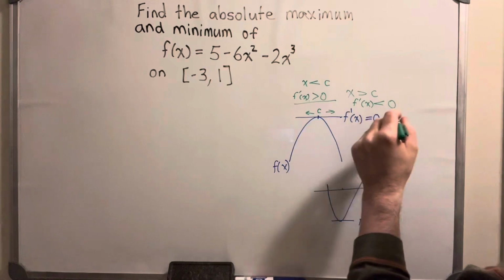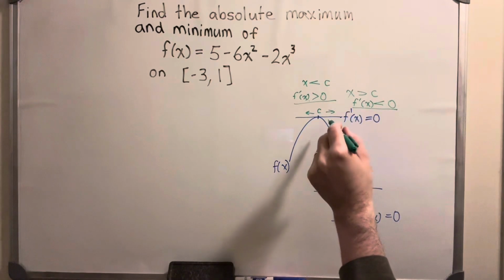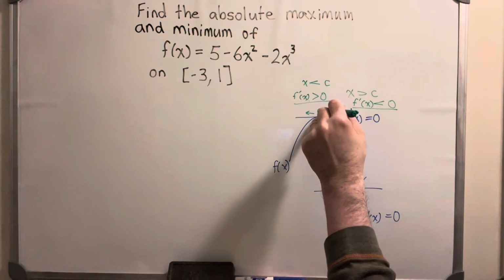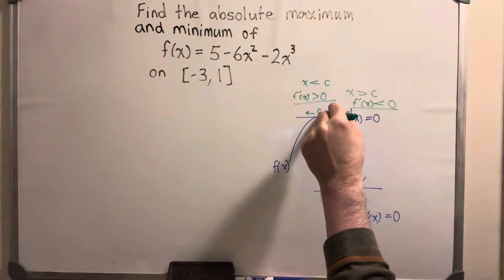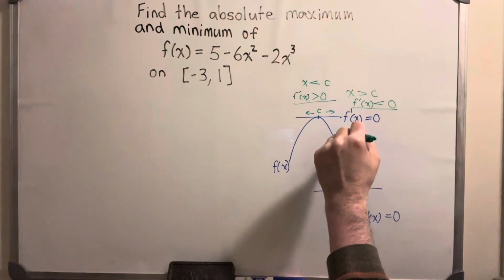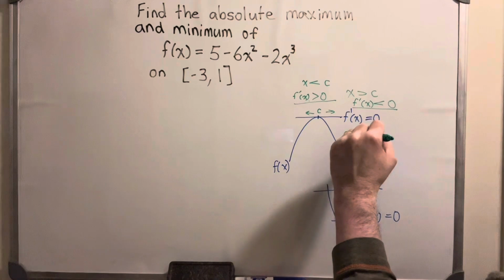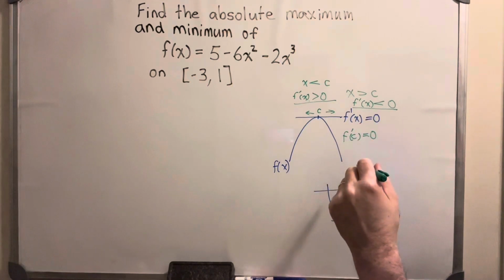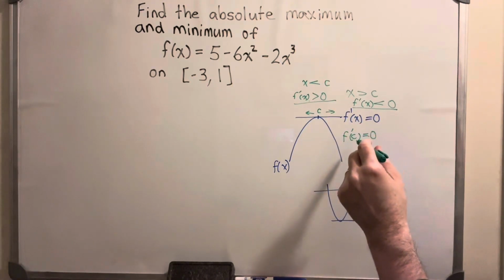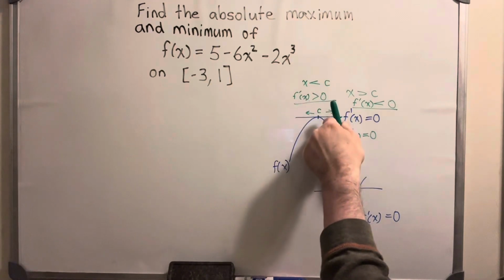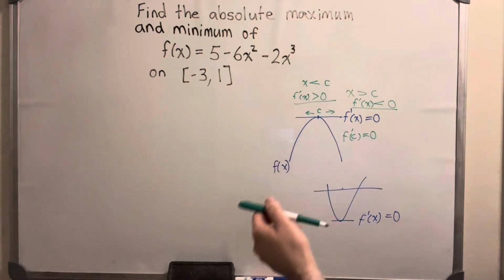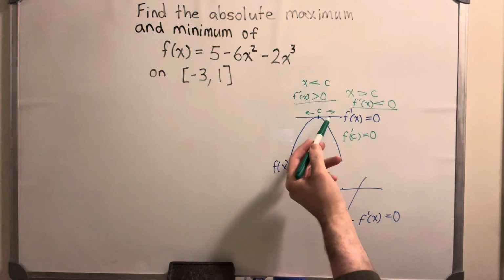So look at these two things. If we found some critical point where the slope is 0, so f prime of C equals 0, it could be a maximum or it could be a minimum. In the case when it's a maximum, what is true?